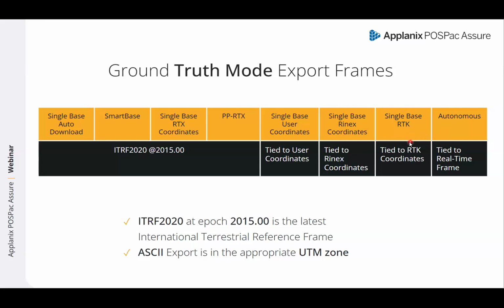In the autonomous mode, the engine will automatically detect what sort of corrections are available and will apply them during the processing. So again, this is hard-coded. You just need to know that. There's no interaction with the user interface to select any specific frame that you want to see.